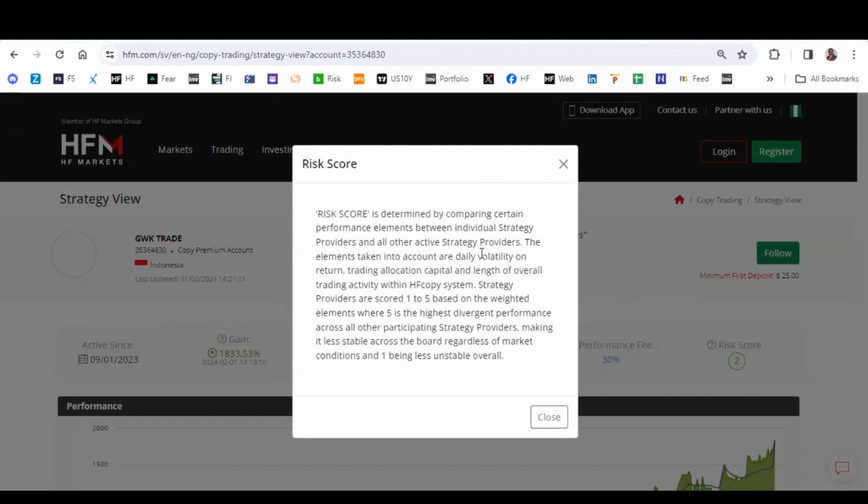The elements taken into account involve daily volatility on returns, that is profits and losses on a daily basis, trading allocation capital, and the length of the overall trading activity within the HF copy system. Strategy providers are scored 1 to 5 based on the weighted elements, where 5 is the highest, with divergent performance that is not consistent or closely knitted, which makes it less stable, while 1 is the least unstable overall. So you can see that.